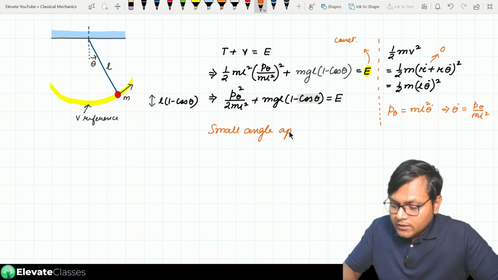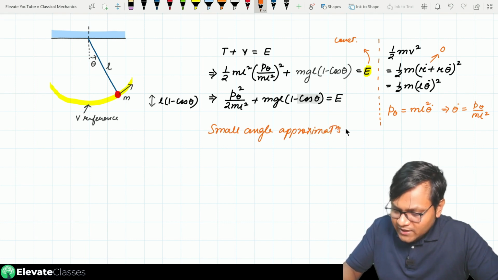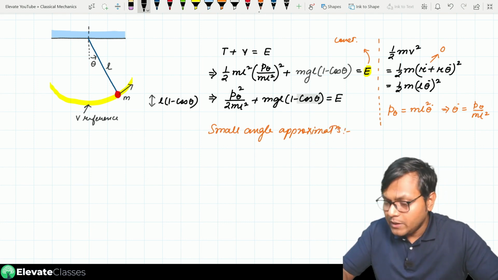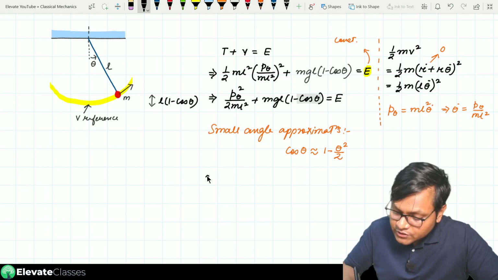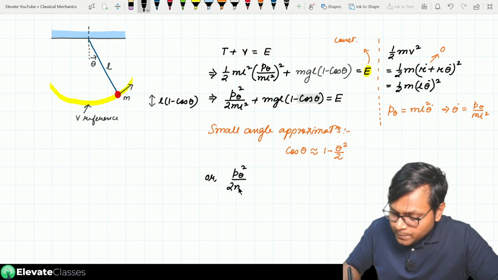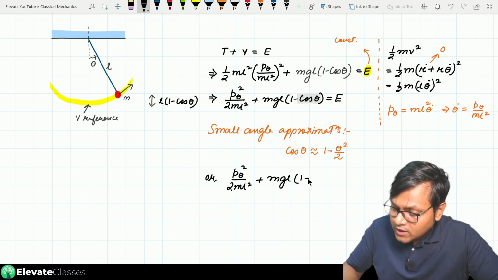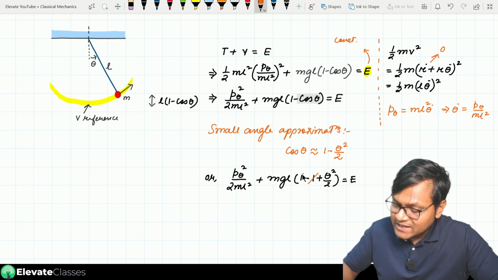Okay, and it will be interesting to see what we get in small angle approximations. In small angle approximations, cos theta can be reduced to 1 minus theta square upon 2. So in that situation, this becomes what? P theta square upon 2 m L square plus m g L (1 minus 1 plus theta square upon 2) is equal to E. 1 and 1 get cancelled.